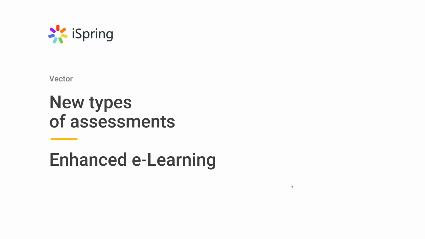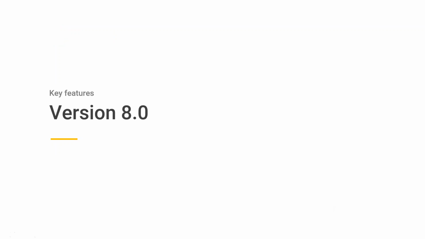So our main vector is to help our clients create learning courses that are most effective with less effort and make content authoring faster and simpler. Let's have a really quick overview of the improvements we made last year, and then we will have a poll that you can answer and let us know which of those features you actually like.